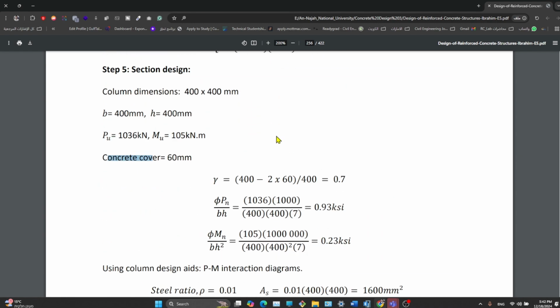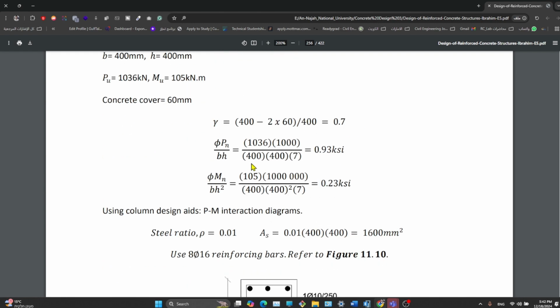Before we compute these things, I need to refer to the interaction diagram so that you understand these steps, because we just need to compute a coordinate and plot it as xy in terms of P ultimate, M ultimate on the interaction diagram related to the column.